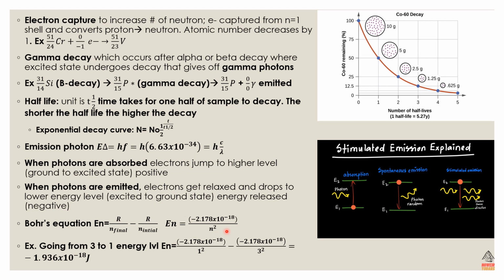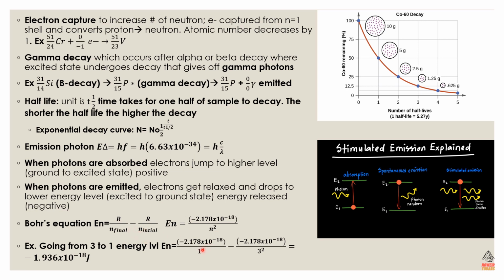between the shells, and it's negative 2.178 times 10 to the power of negative 18 divided by n, the shell, to the power of 2. So let's say you're going from the third shell to the first shell energy level. By the way, it's final minus initial. The final is 1 because you're going to it.